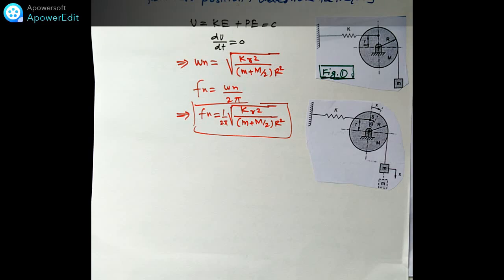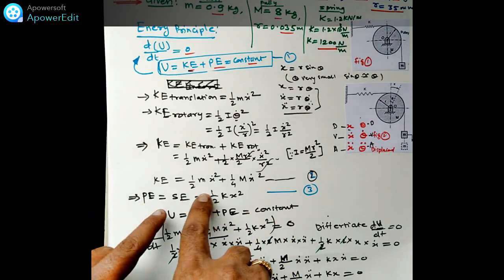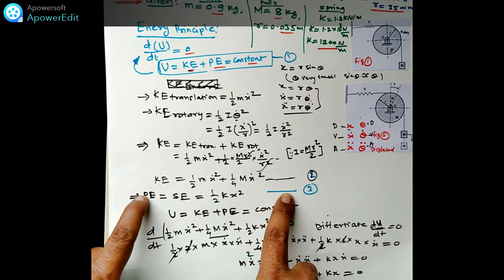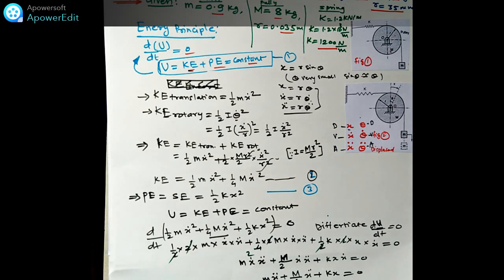The same numerical is there, only while calculating we have to consider the P equation becomes different.